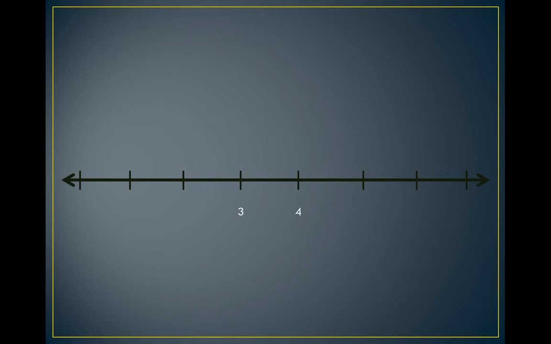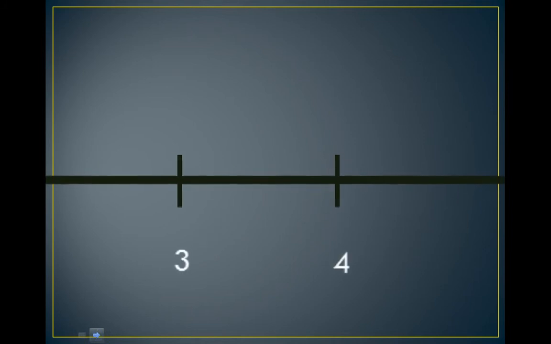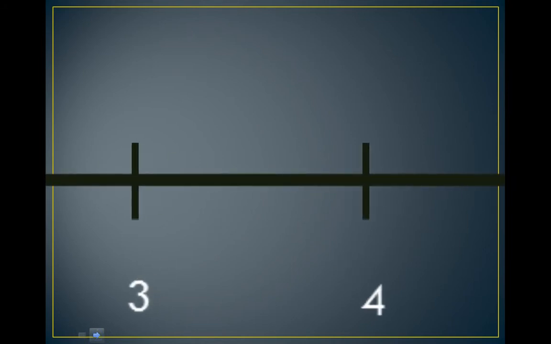Here we're looking at between the numbers 3 and 4. And if we zoom in on here, we can imagine there being 10 equal marks. 2, 3, 4, 5, 6, 7, 9. And that would be my tenths area.